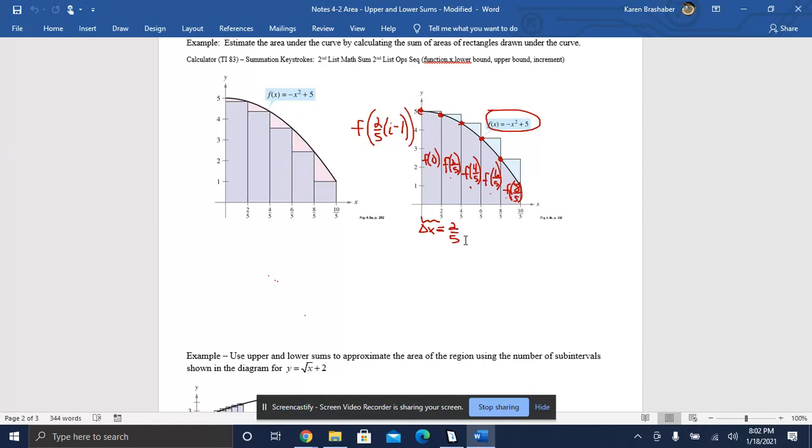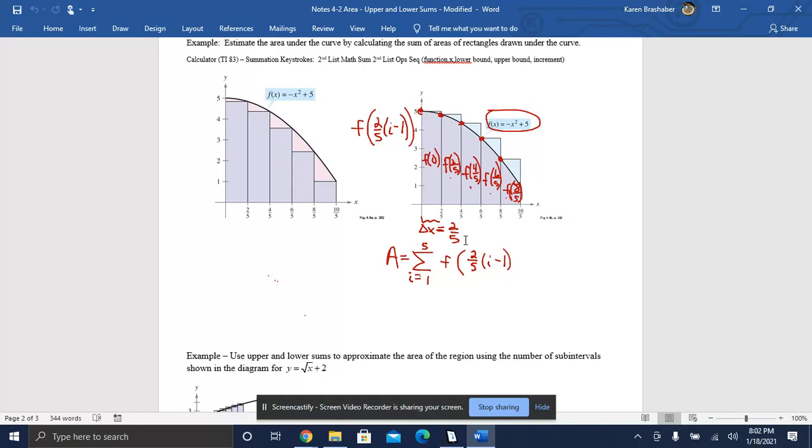And so the area under the curve can be found by doing the summation from i equals 1 to 5. And again, that 5 is coming from my number of rectangles. And instead of doing f of 2/5 i, this time I'll do f of 2/5 times i minus 1.